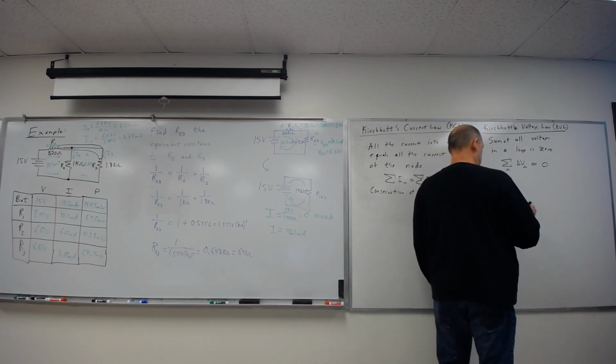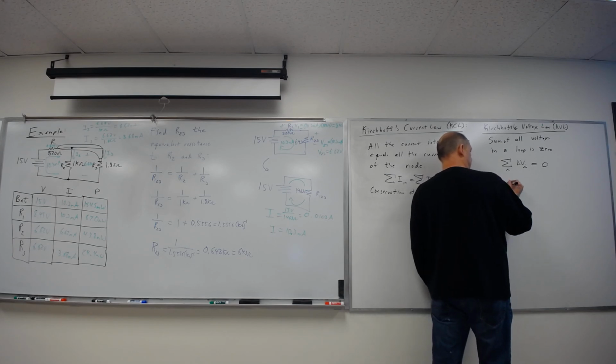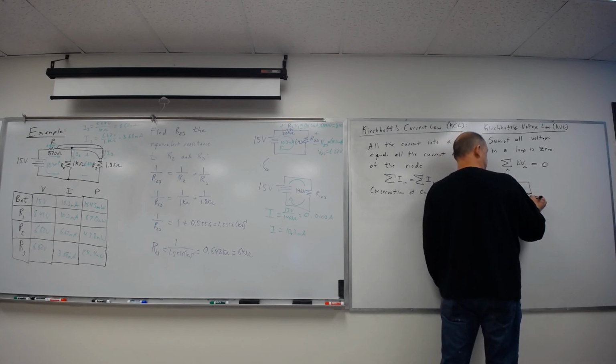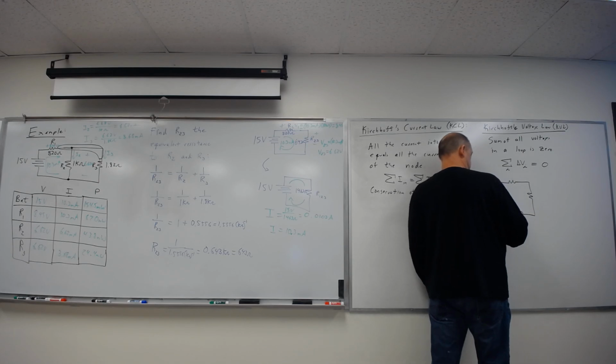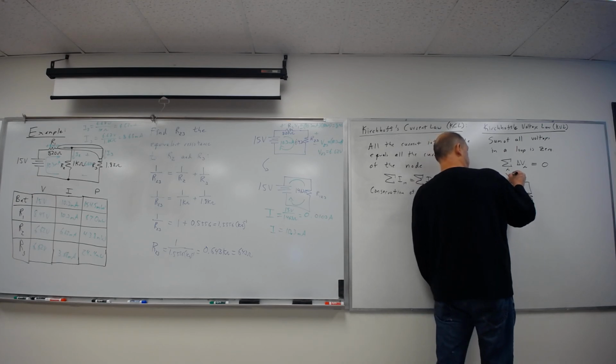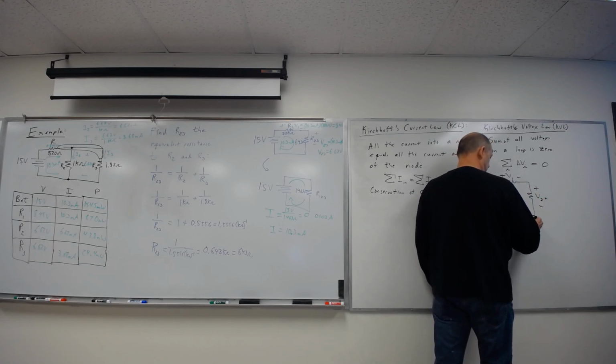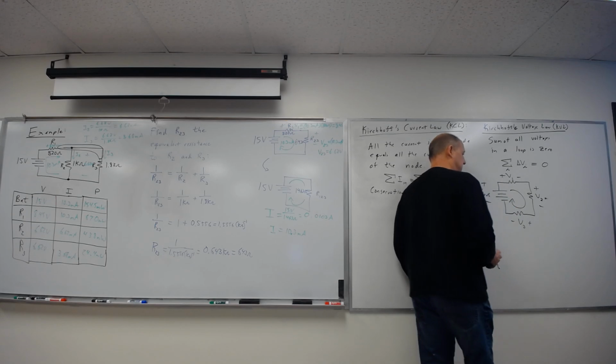Well, like I said, we've already done it. If I've got a battery and I have these voltages, I have voltage of the battery, I have the voltage drop across resistor 1, voltage drop across resistor 2, and a voltage drop across resistor 3 as we go around this direction of current.